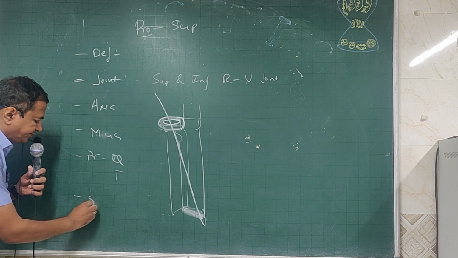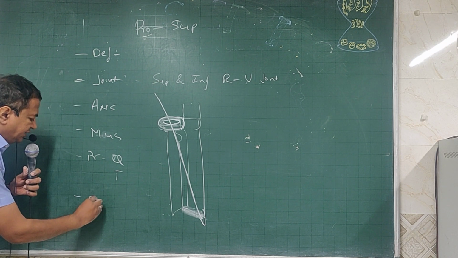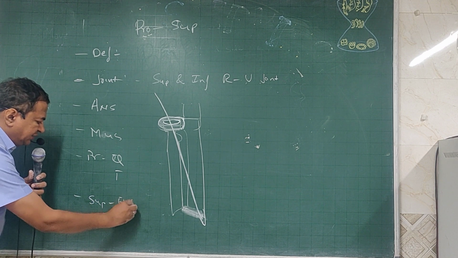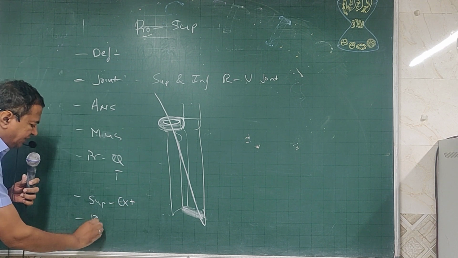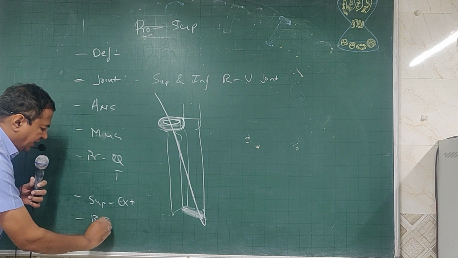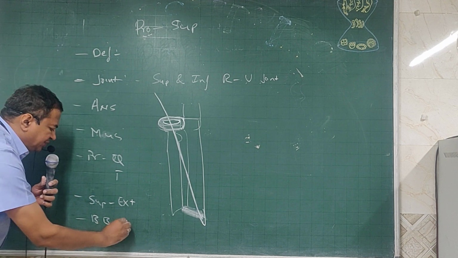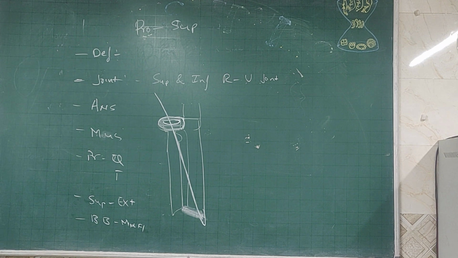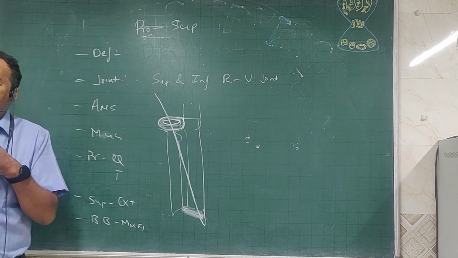Then supination is by supinator in extended position and biceps brachii in midflex position. Biceps brachii in midflex position. Okay.